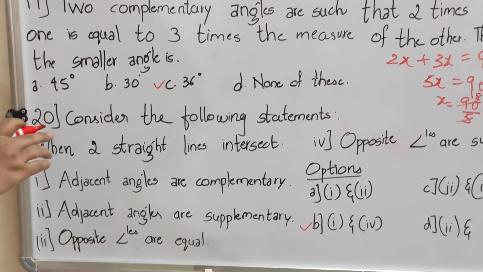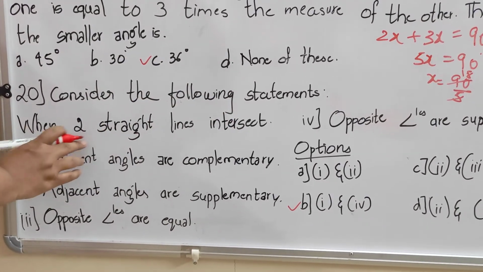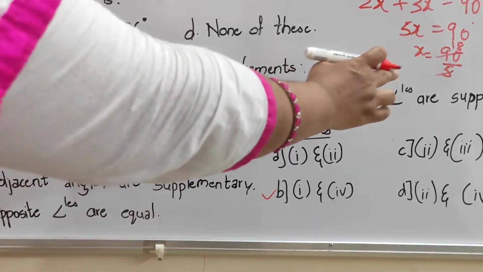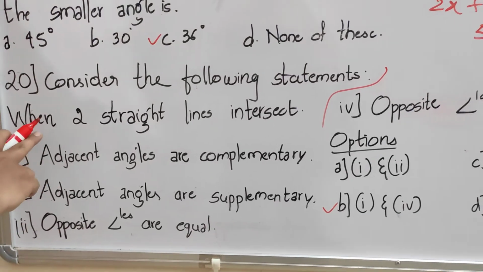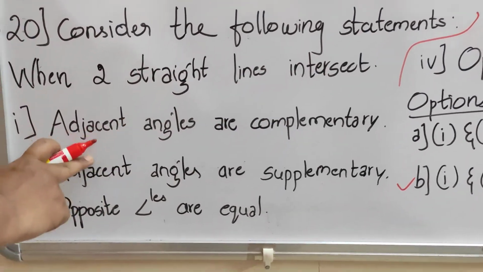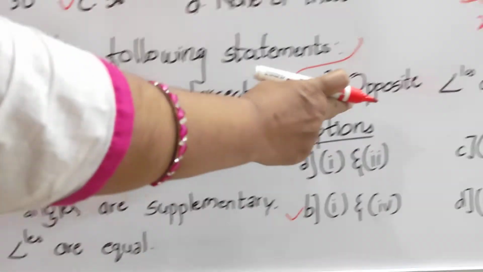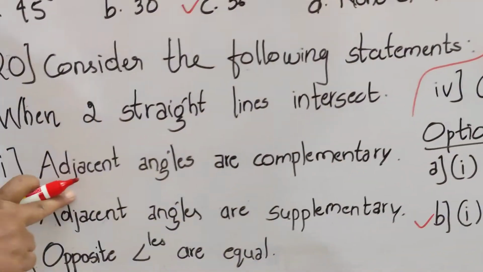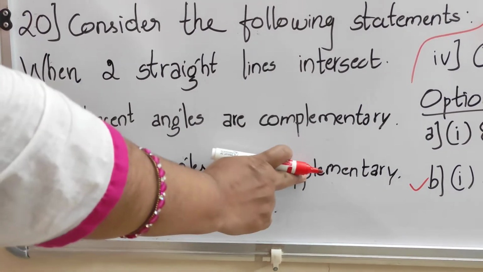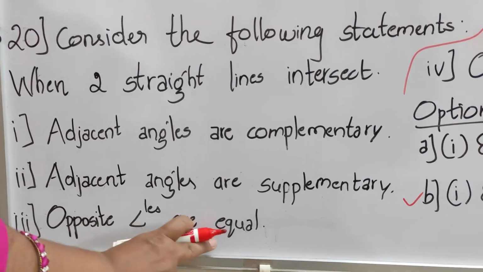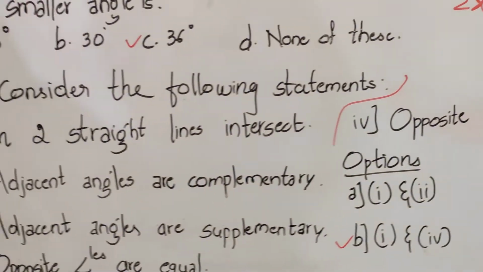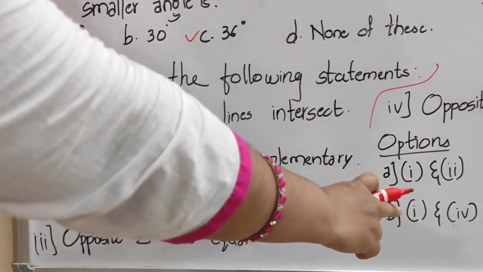In the last question, consider the following statements. When two straight lines intersect, sorry children, here the statements are given. First statement says adjacent angles are complementary, second, adjacent angles are supplementary, third, opposite angles are equal, fourth, opposite angles are supplementary. Among these, we have option B as the right one.